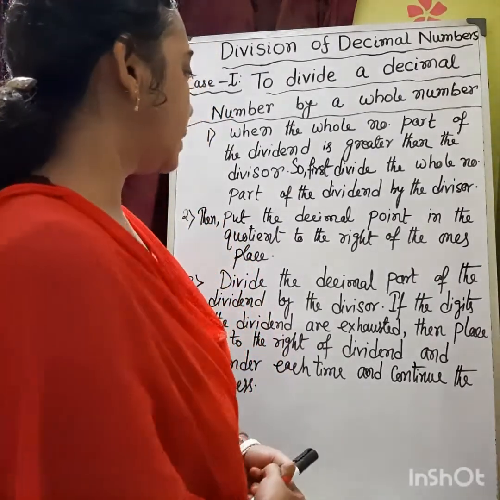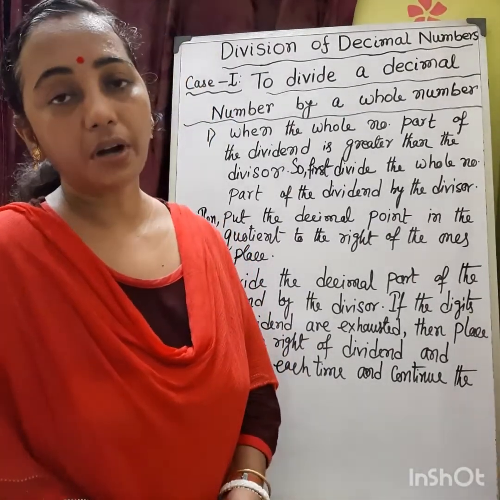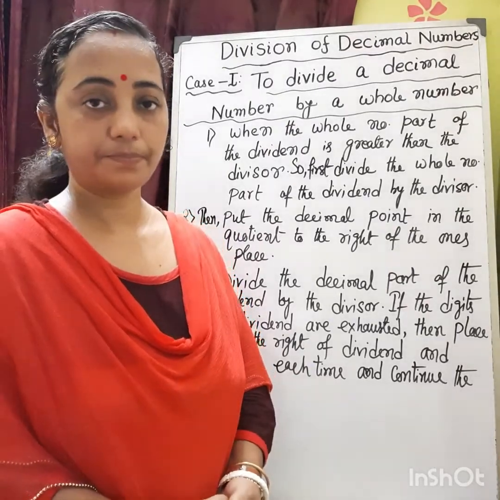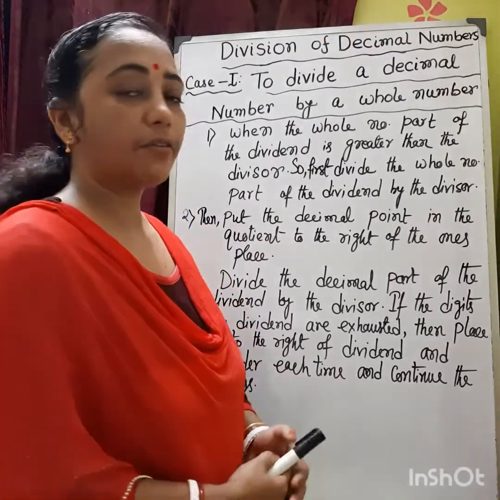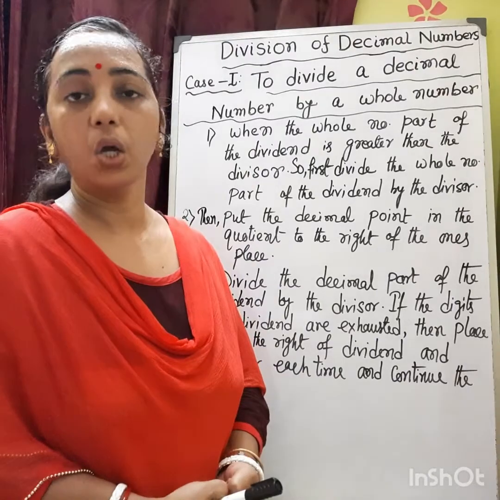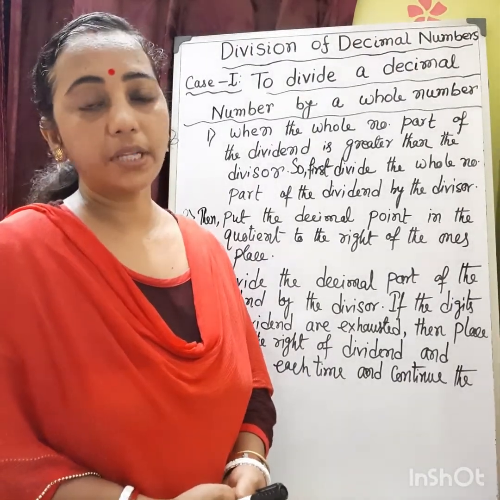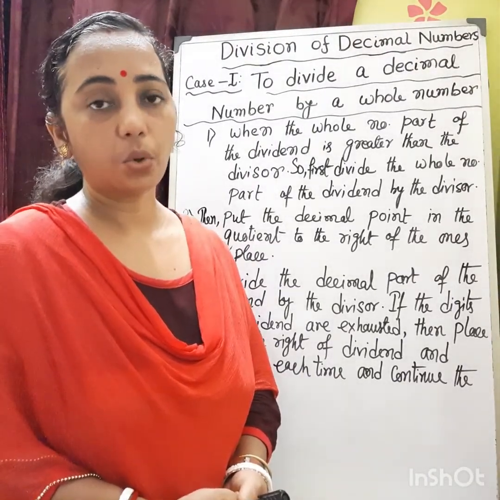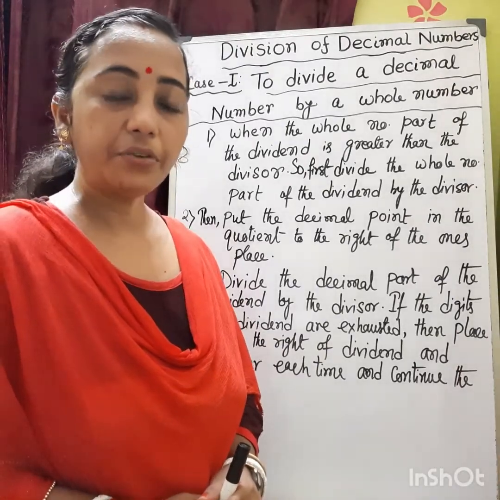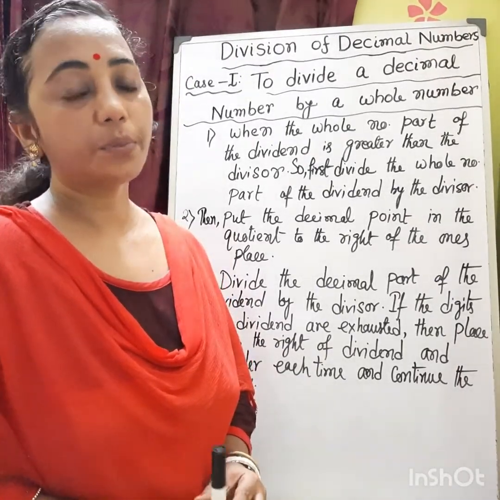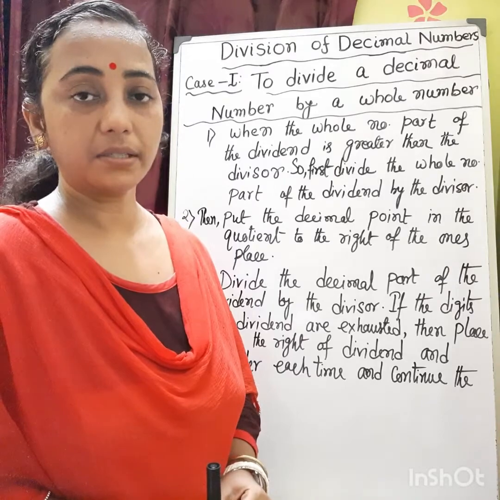Next we put the decimal point in the quotient to the right of the ones place. That means after completing the division of the whole number part, we put the decimal point in the quotient. Now we divide the decimal part of the dividend by the divisor.